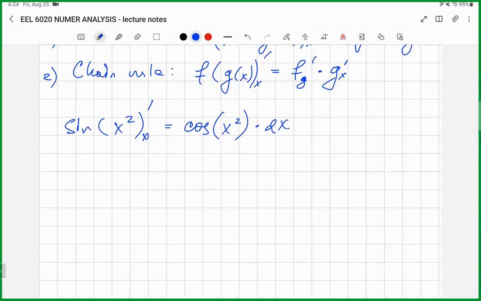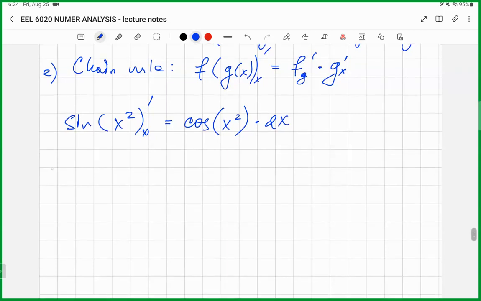So far we considered only a function of one argument, but of course a function can be a function of several arguments, for example two, like f(x,y).